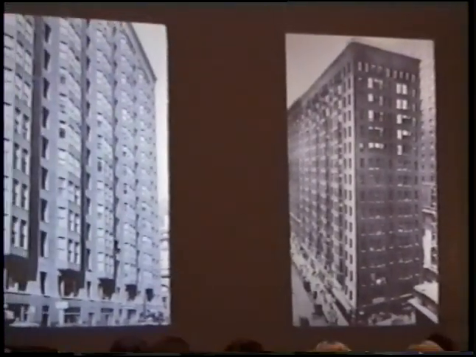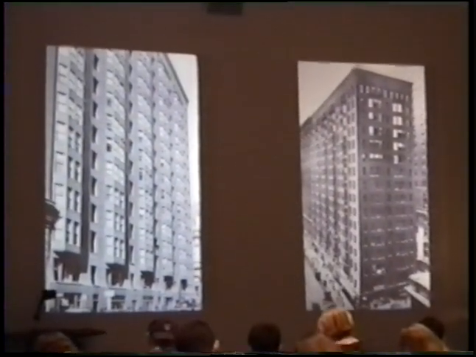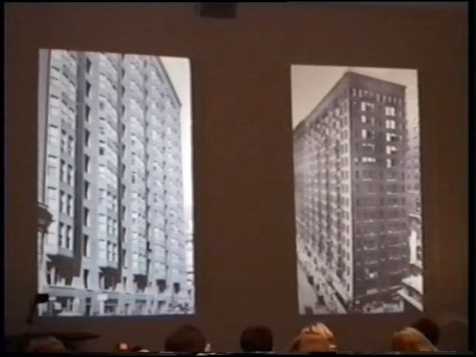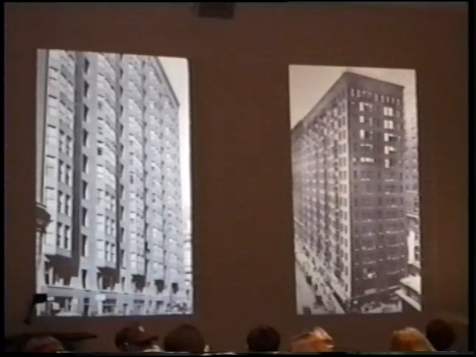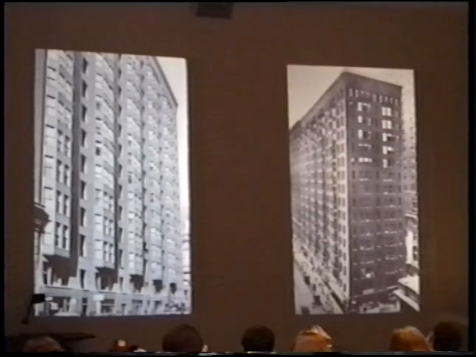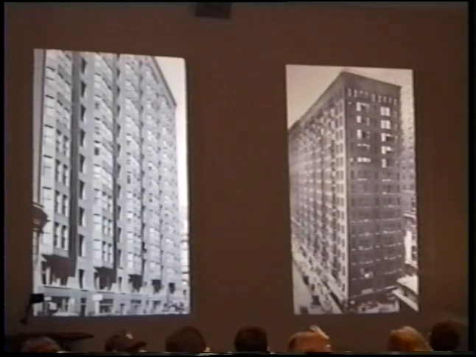It was built beginning in 1889. And the architects were a firm called Burnham and Root. John Root was the older member of this firm. He was the principal designer of this building, but his young partner was Daniel Burnham, who was to become a major architect on his own after Root died in 1891.